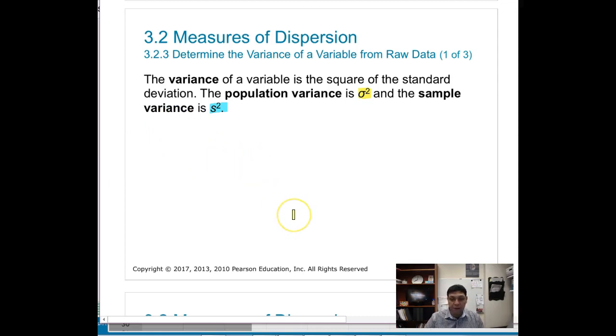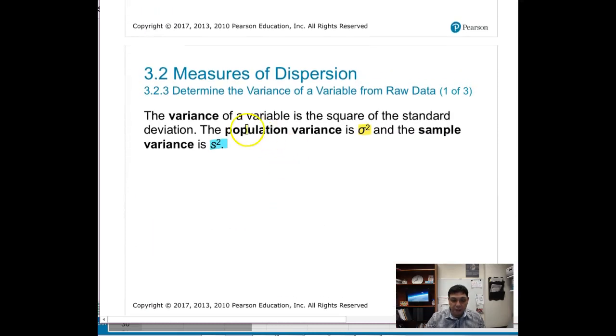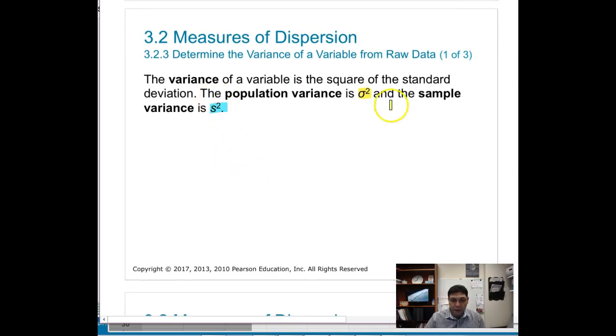We end up using this in more advanced topics later in the course, and so there's an advantage with the variance when you square it. It's the square of the standard deviation. That's all the value is. So if the standard deviation is 5, the variance is 25. And again, it goes with population or sample. Did you collect the data from all of the population or just from the sample?